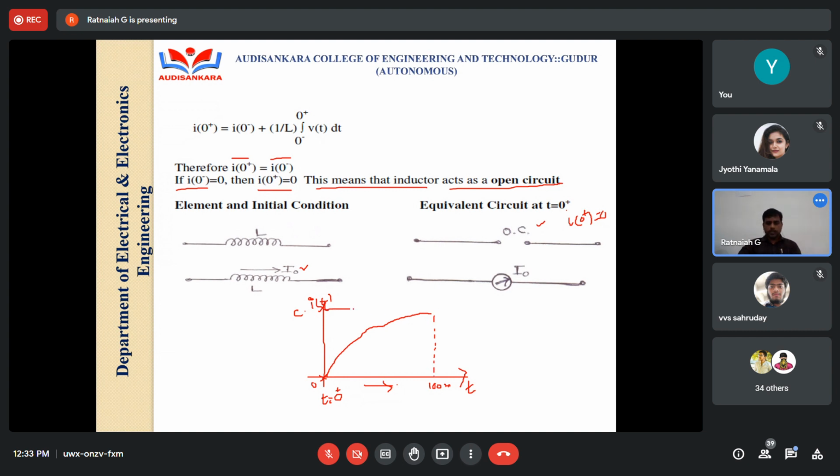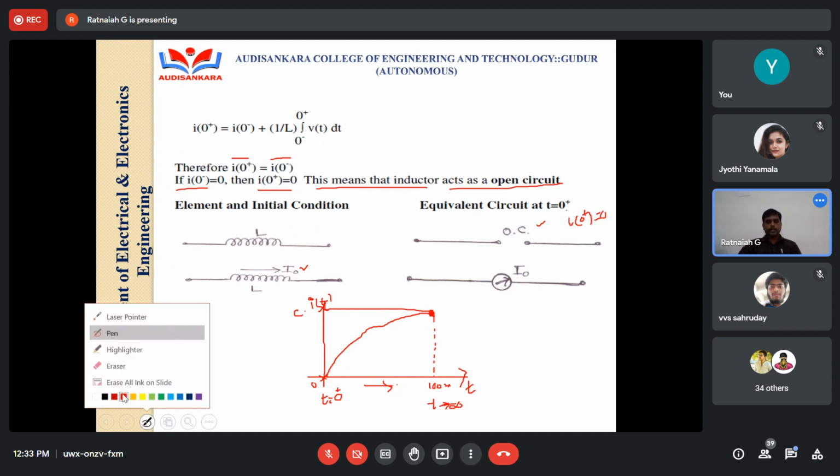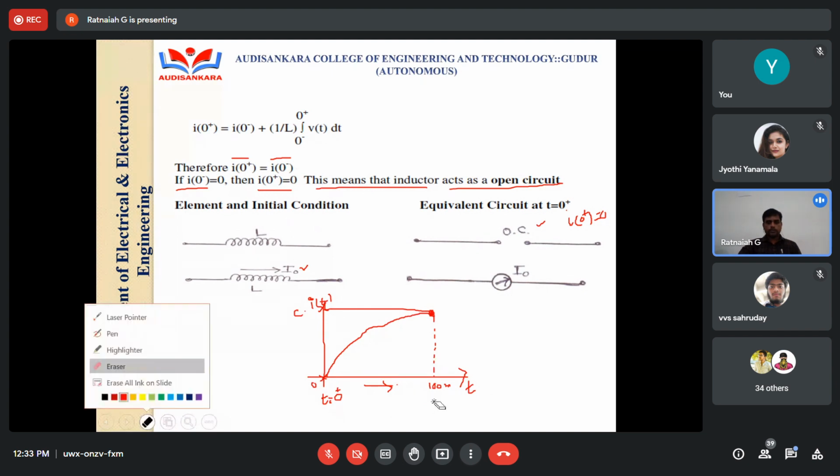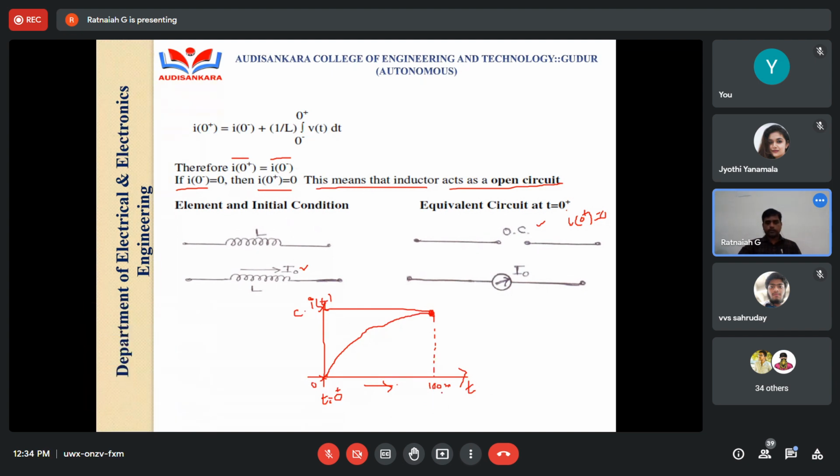So it can store the maximum energy at this point. Now I can consider this for infinity. That is, as per mathematical knowledge, we can take this as infinity, T is equal to infinity.